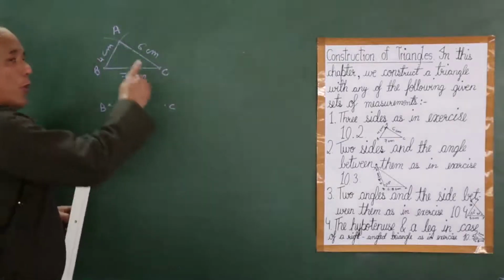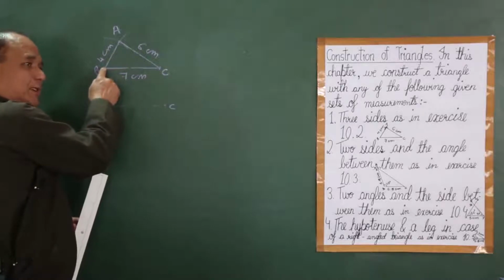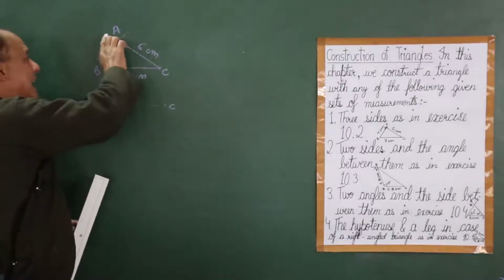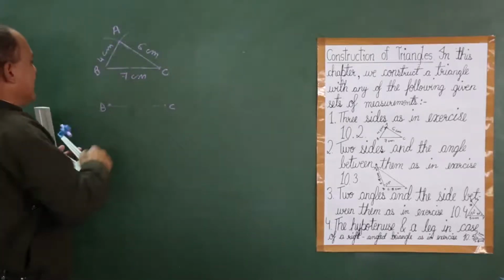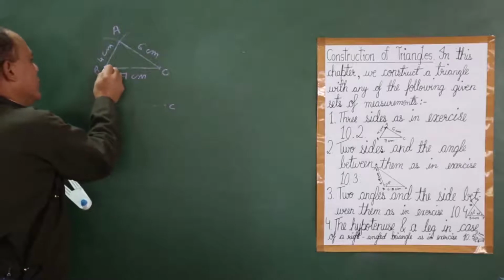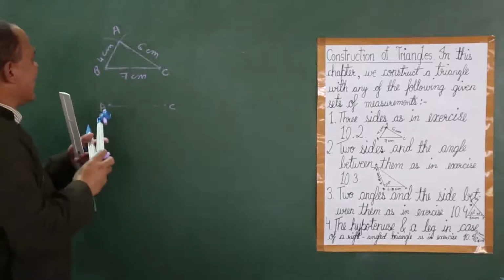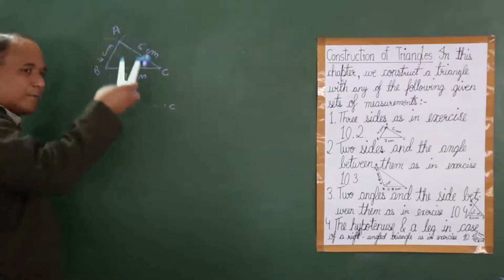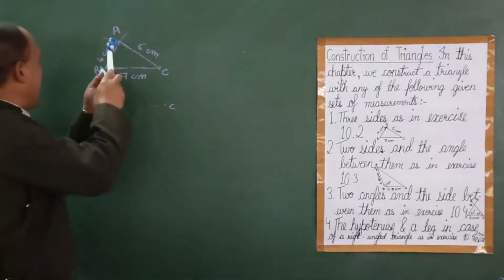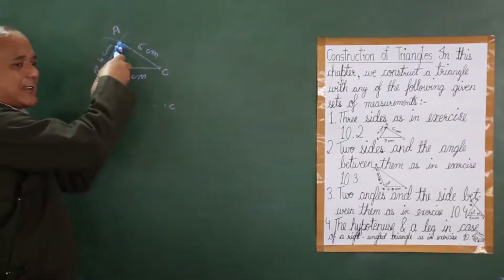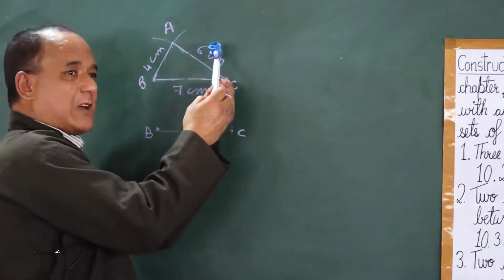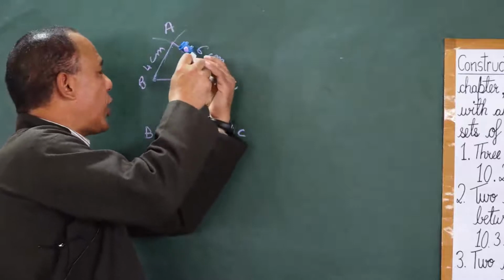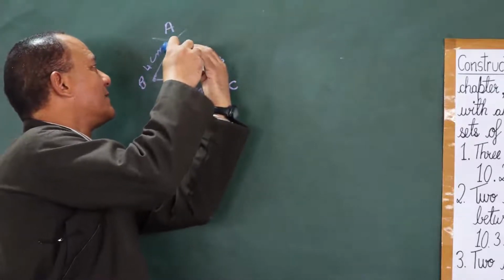Step number 2, place the pointer of the compasses at B and then draw an arc of radius 4 centimeters. That I did. That was my second step. Third step, you place the pointer of the compasses at C and then draw an arc of radius 6 centimeters.